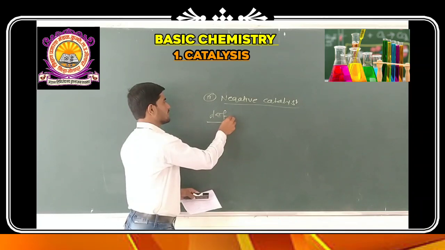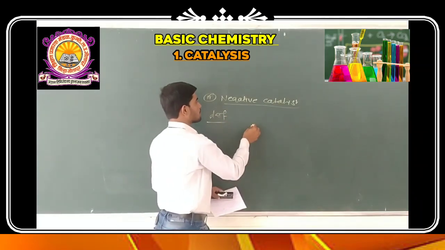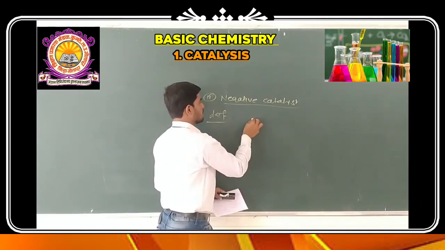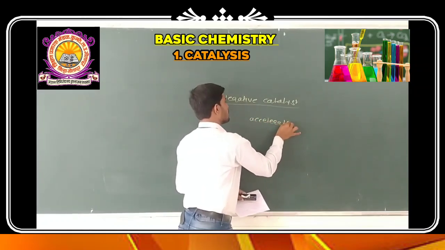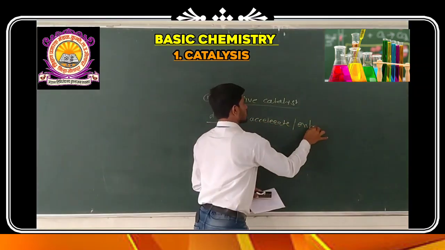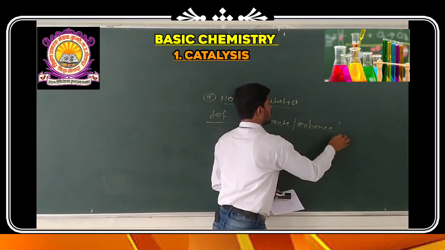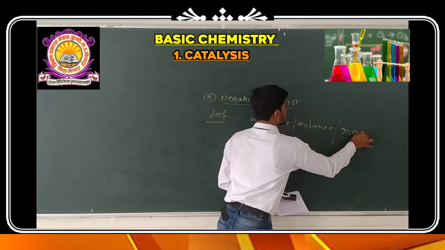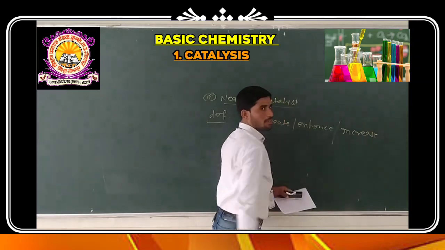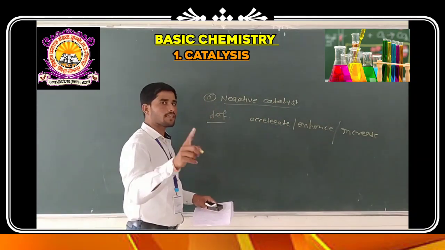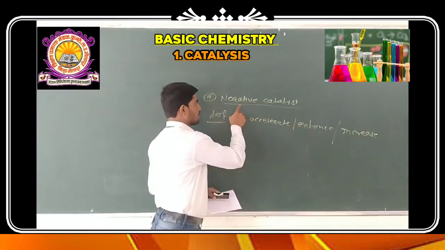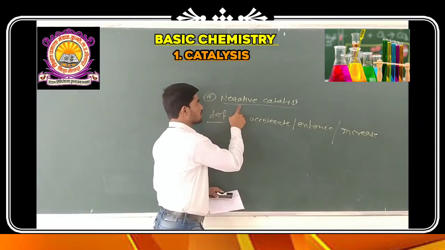So that in positive catalyst, we are going to say that it can accelerate, it can enhance, or it can increase the rate of chemical reactions. Exactly opposite to that, this one is opposite.